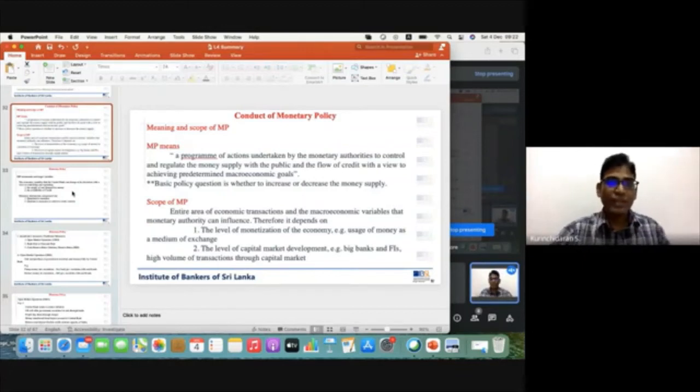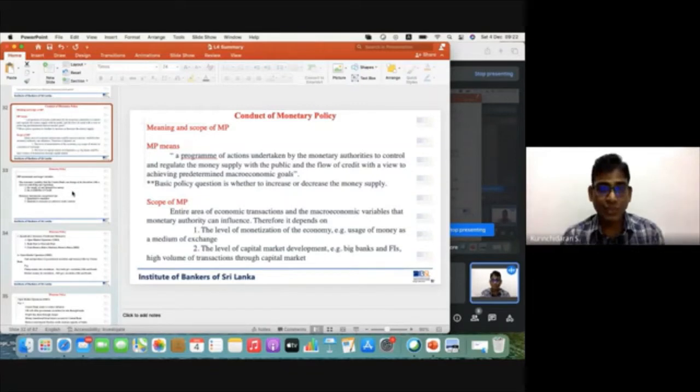scenario. First of all, I want to discuss the meaning of monetary policy and the scope of monetary policy. When we think about monetary policy, it's always an action taken to regulate or control the money supply.